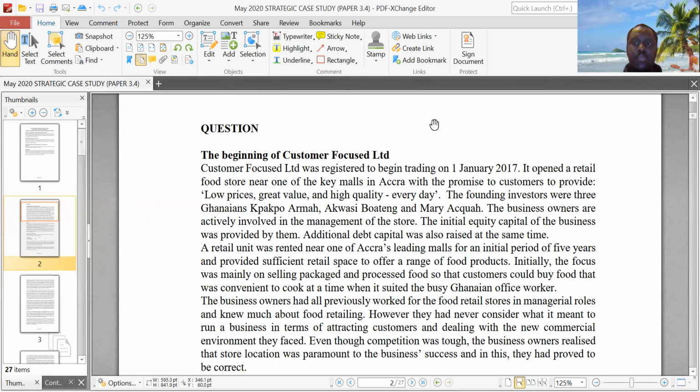Now, the time of commencement is very, very important. Every organization has a life cycle, and the time they are introduced into the market says a lot, because you want to understand the context within that time frame. So on 1st January 2017, what were some of the things happening in the external environment?